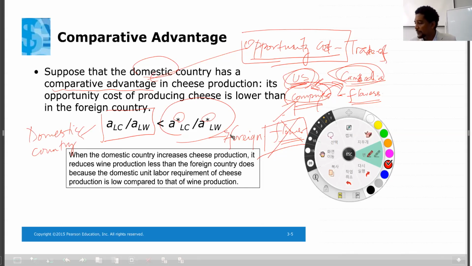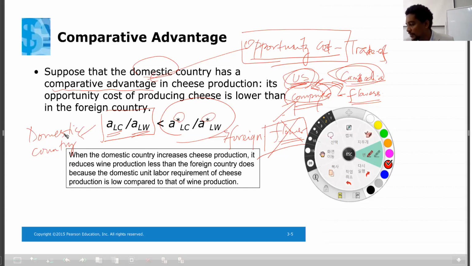So if this is the unit of labor required for cheese, and this is the unit of labor required for wine production, and the unit of labor required to produce cheese has a lower opportunity cost than producing wine, then a country will produce what?